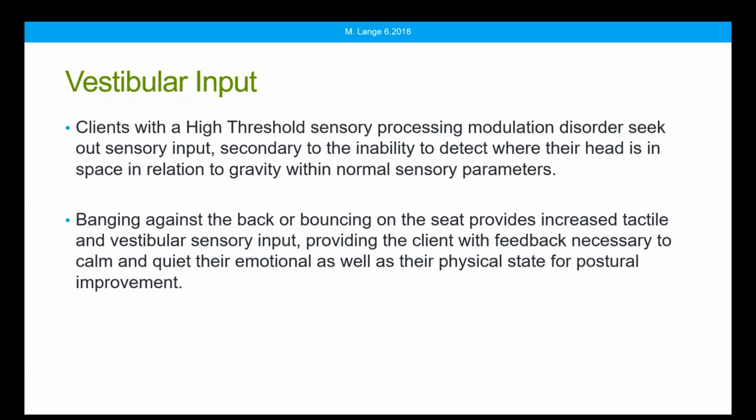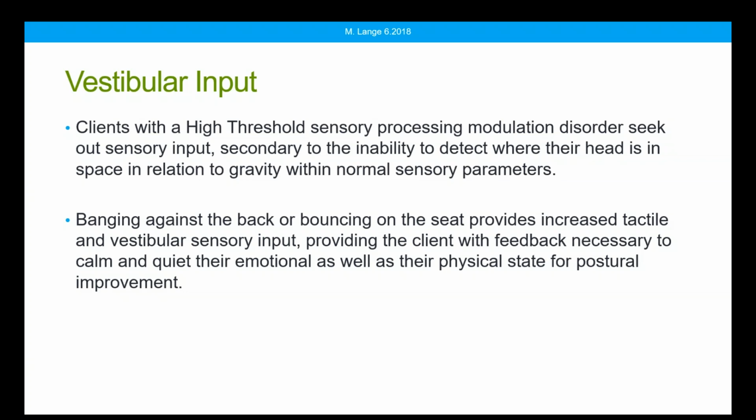So this is felt to be secondary to the inability to detect where their head is in space in relation to gravity within normal sensory parameters. That's kind of a mouthful, but that's our current wording and terminology when it comes to sensory processing and these clients that are seeking out their movement.